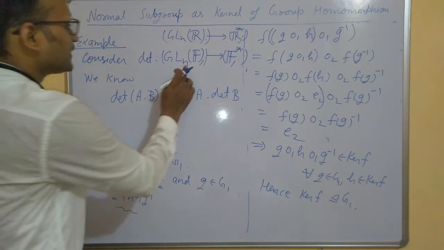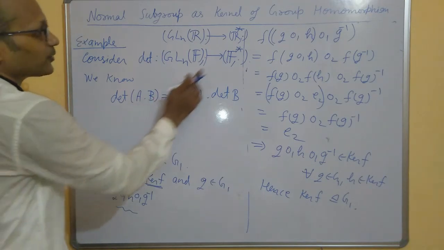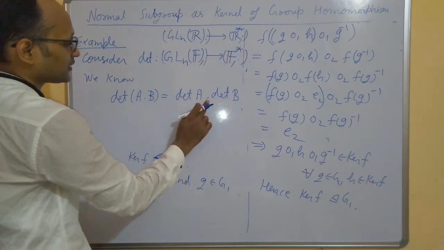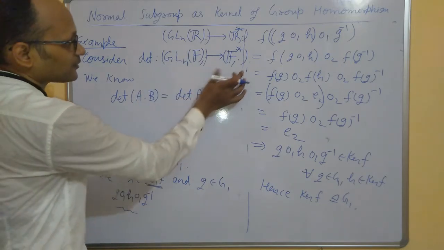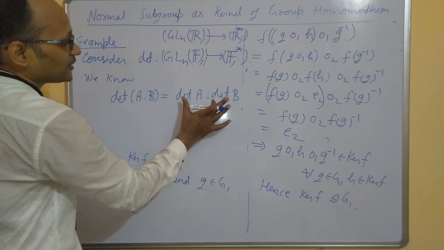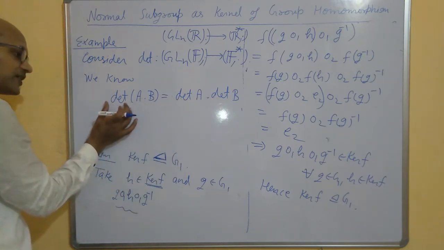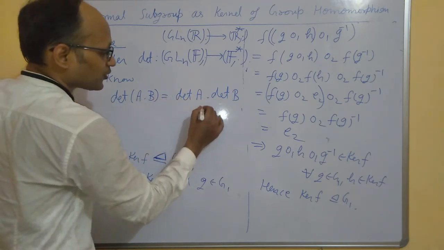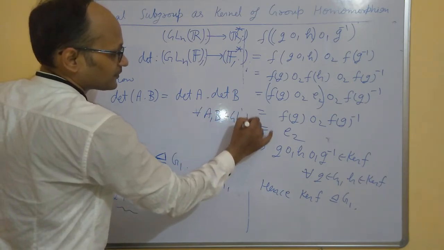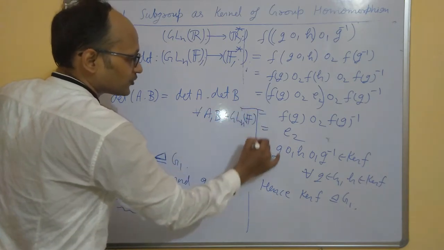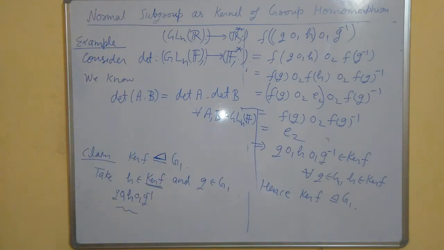The operation here is dot, so we put dot here, and the operation here is also dot, so we put dot here. So this is a group with respect to dot, and this is also a group with respect to dot. It means the determinant is a group homomorphism, and this is true for all A, B in GL_n(F). So it is an example of a group homomorphism.